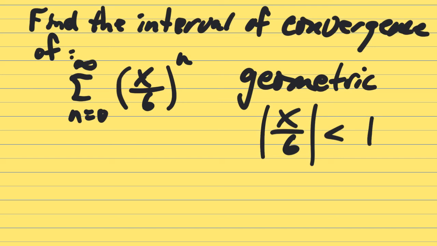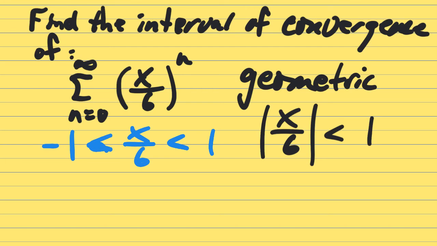Remember back from college algebra when you had an absolute value inequality? Absolute value means distance from 0. Let's also remember when we solved compound inequalities. This is the same as keeping x over 6 within a unit of 0 on a number line.